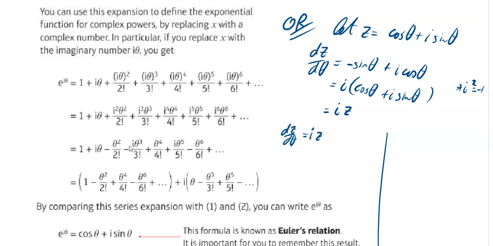I'm going to bring the z across, so I'll have 1 over z dz, the integral of that, is equal to the integral of i d theta. And if you integrate 1 over z, what you're going to get is ln of z. And if you integrate this, you're just going to get i theta plus c.